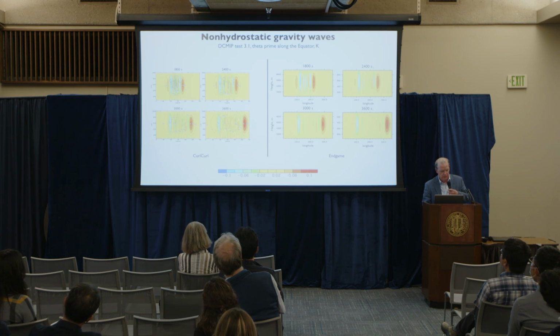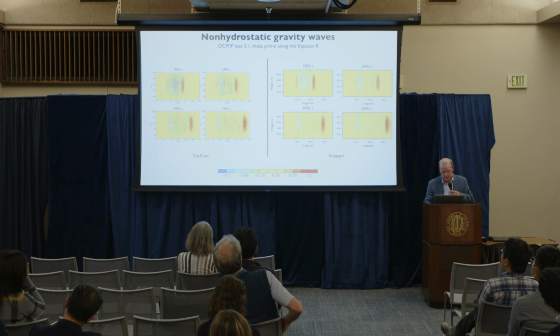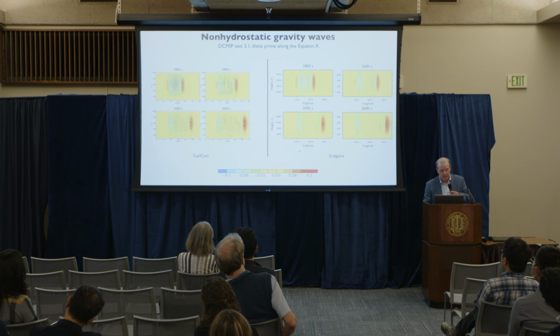So these are results from CURL, along the equator, shown in the left panels for four different times, starting from an initial condition. And here are results from ENDGame, which is one of the models that John Thuburn contributed to the development of, and that he showed some things from this morning. So the main point is they look quite similar. In addition to the color shading, there are contours drawn here, and over here is just the shading. So it makes them look slightly different, but they're basically very similar.